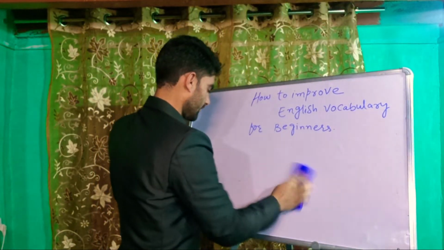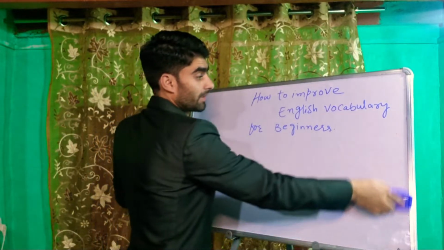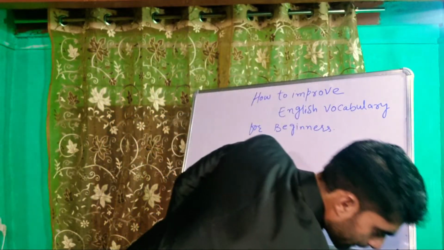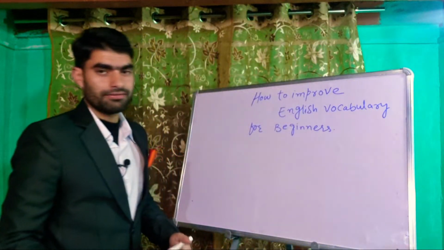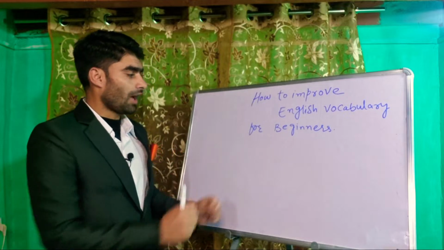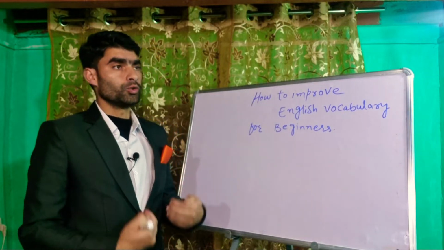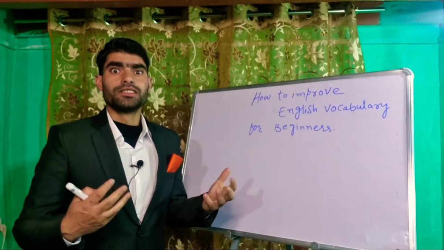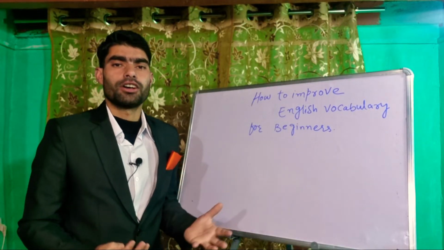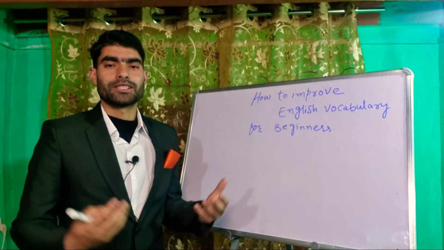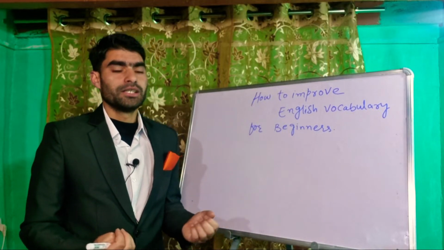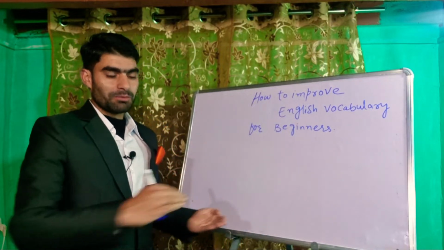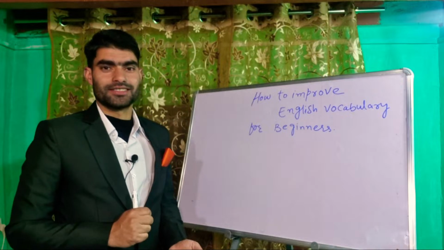Basically, these English classes are for beginners, because if you have a strong, solid foundation, you can build a strong building. You can build world famous buildings like Taj Mahal, Taj Hotel, Burj Khalifa, because these buildings have a strong foundation.